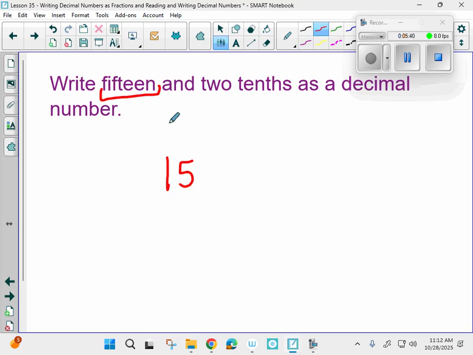Then we have the word and, so there's your decimal. And 2/10 is in that first spot. The first spot is the tenths place. Did you write that down? Okay, let's try it on the whiteboards.